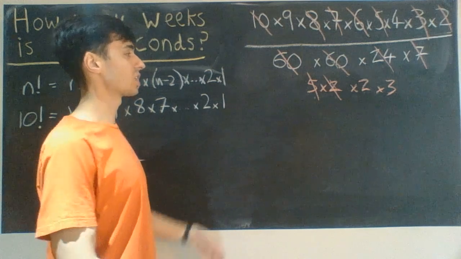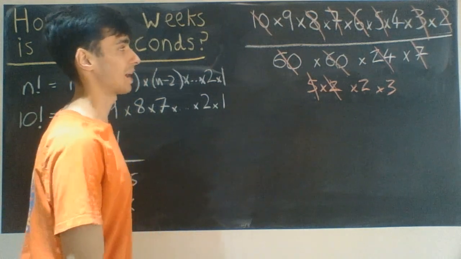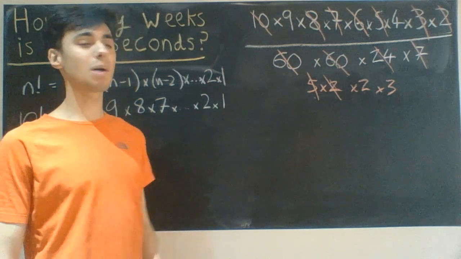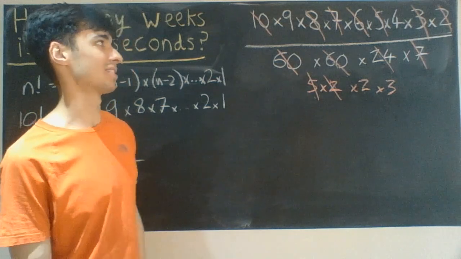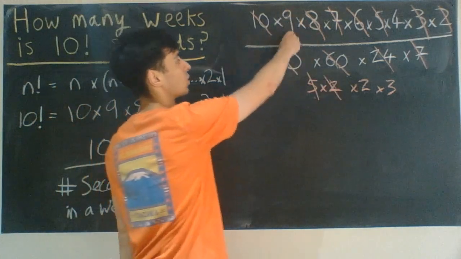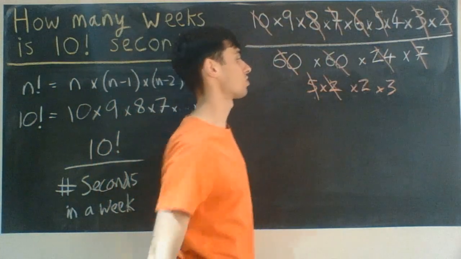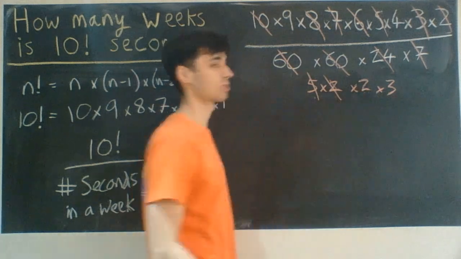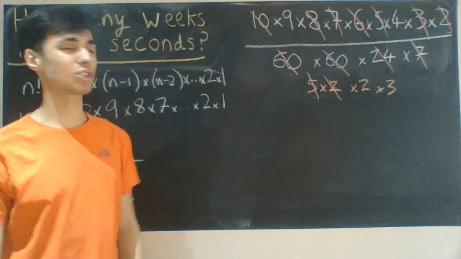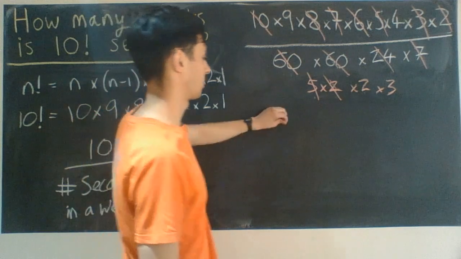And now we actually can't see anything else that overlaps directly, but this number's now small enough for us to think about. We've got 9 times 4 on the top, and we've got 2 times 3 on the bottom. So we can just compute it from this point.